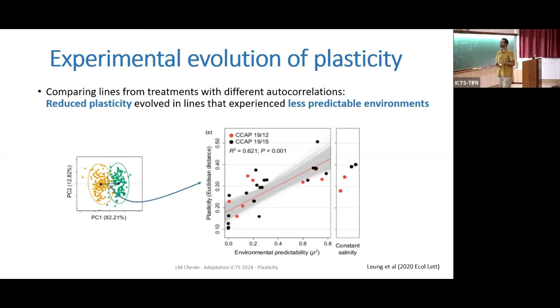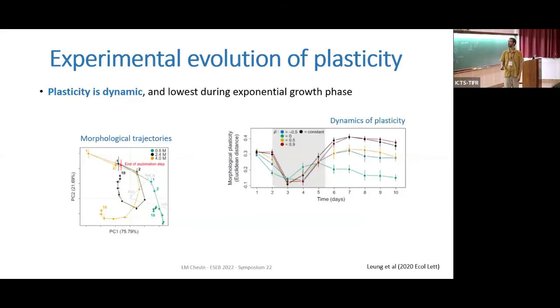So I have to say, each time I present this, I don't really know what to understand about this, because this is so different from the model predictions, where it's for traits that are determined once and then exposed to selection. Here it's a very dynamical trait. Actually, my next slide is about that.